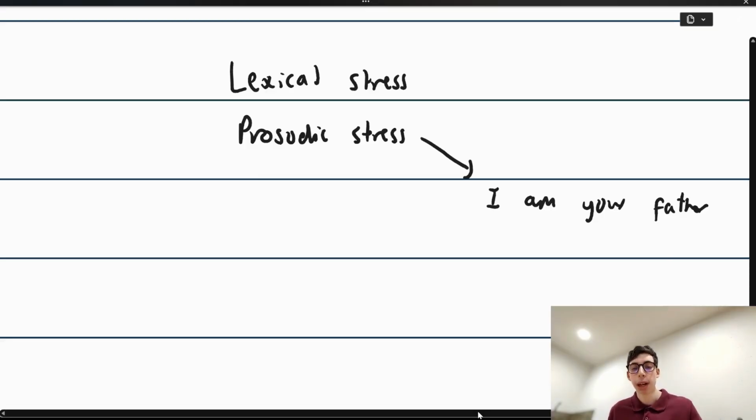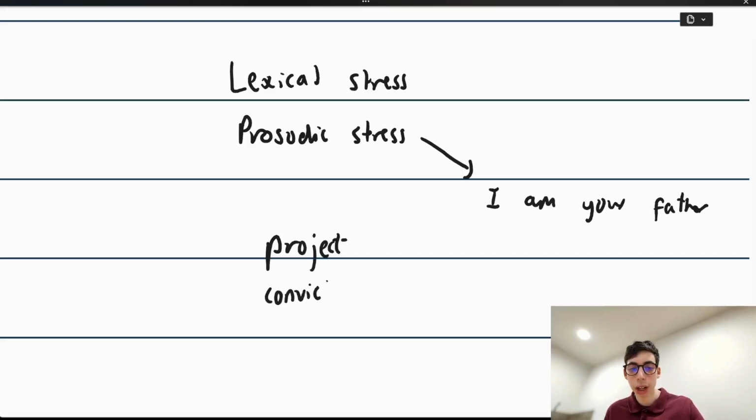So if we think about, I'm going to write down two words. These words mean different things in English depending on where you put the stress. So it's a good example. Project, if I tell someone to project their voice, that's different to a project, for example, if we're doing a school project.